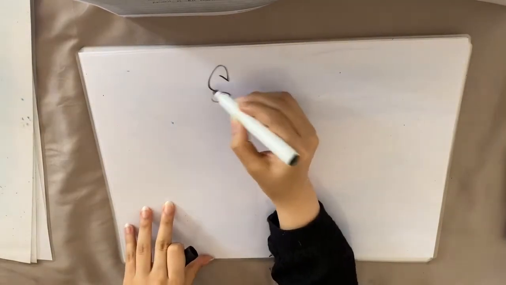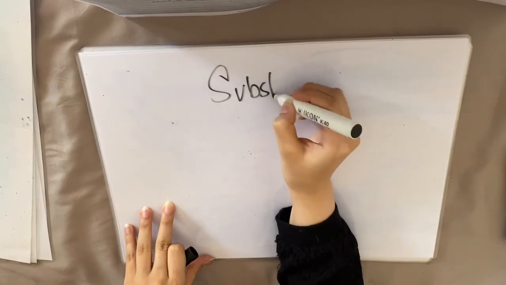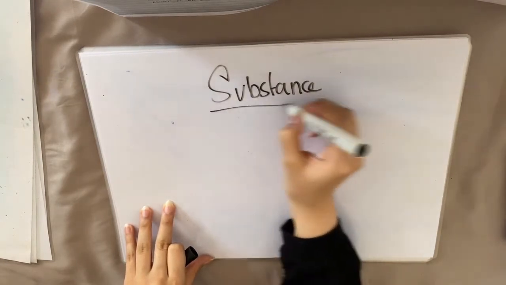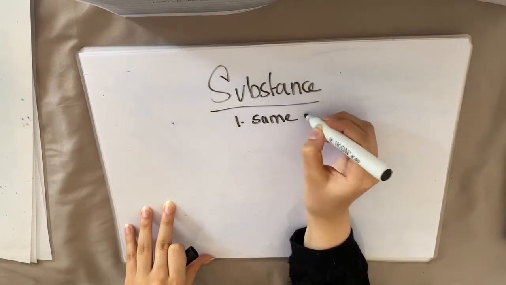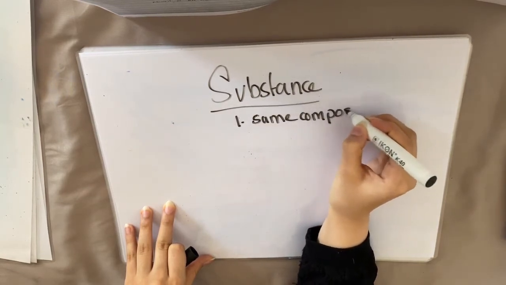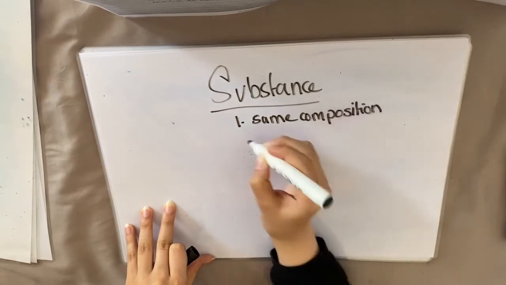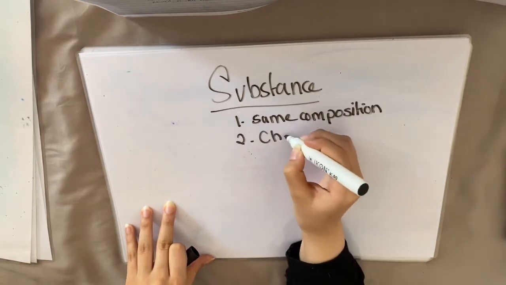Let's continue. We agreed that substances are matters with composition that is always the same, and they're chemically bonded and cannot be separated by physical means. So substance, first of all, same composition. Second point, chemically bonded.